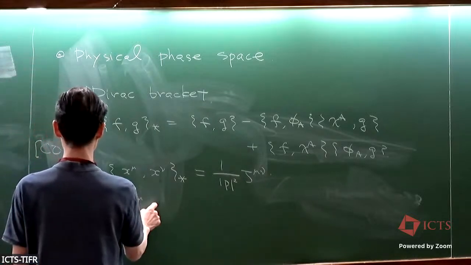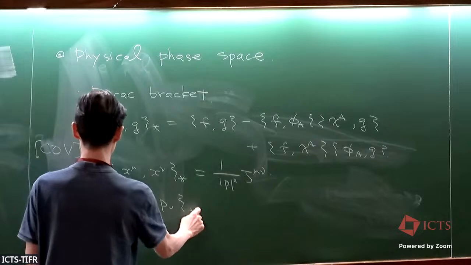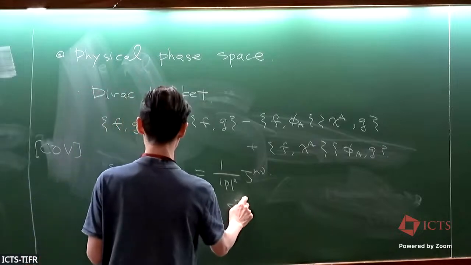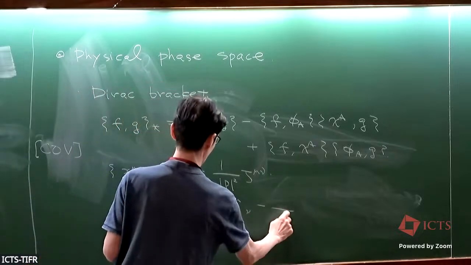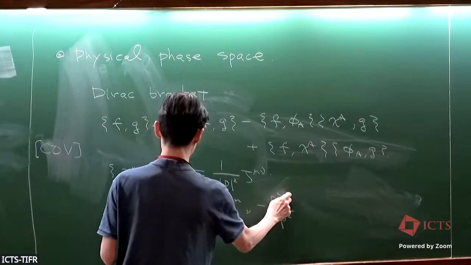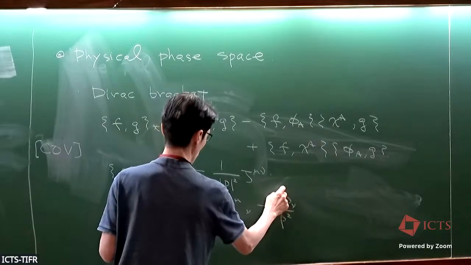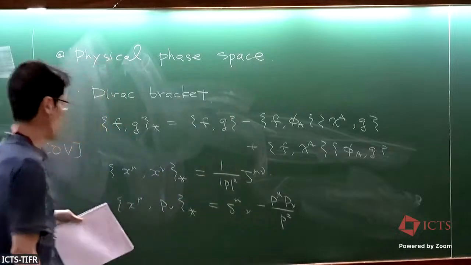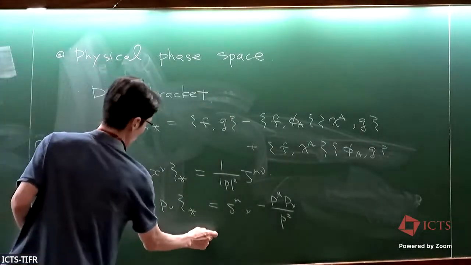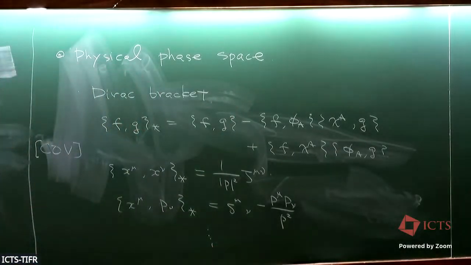And x mu p nu Poisson bracket gives you delta mu nu minus this subtraction of the momentum direction, and everything comes out.